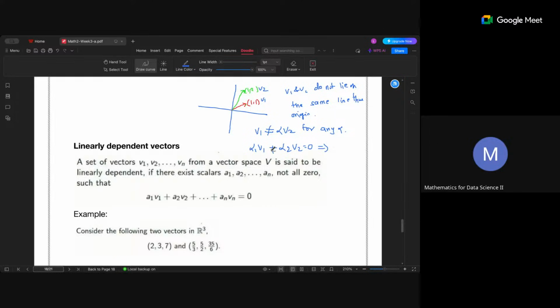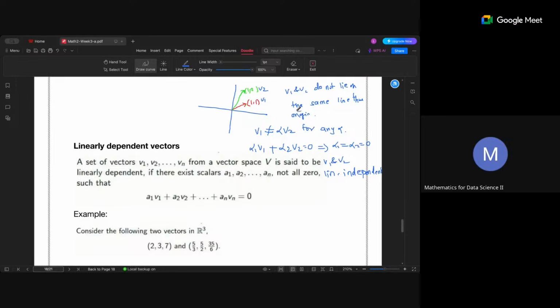Alpha 1 is equal to 0 and alpha 2 is equal to 0. This is the only possible solution because v1 is not equal to alpha v2 for any alpha. So in this scenario, we call v1 and v2 linearly independent.